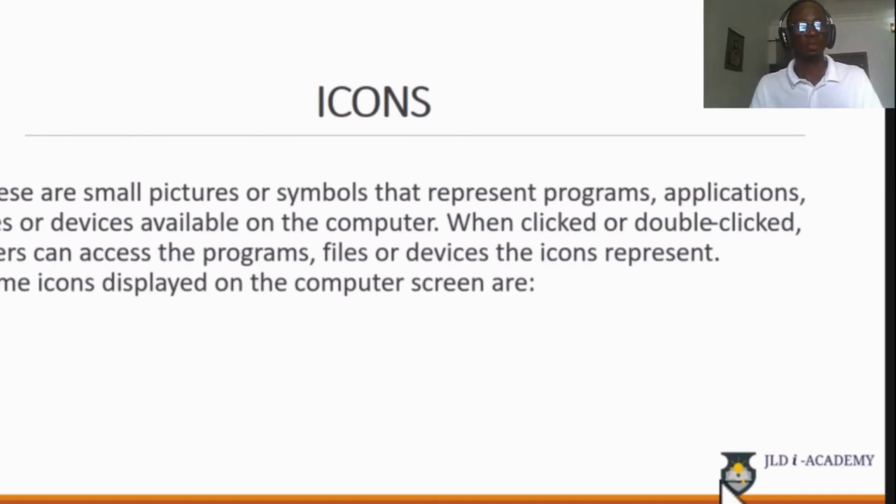They tell you the kind of application that is installed. When you click or double click it, the user can access the program, file, or device that the icon represents. Some of the icons displayed on the computer screen are folders, My Computer, Recycle Bin, and the likes of them.